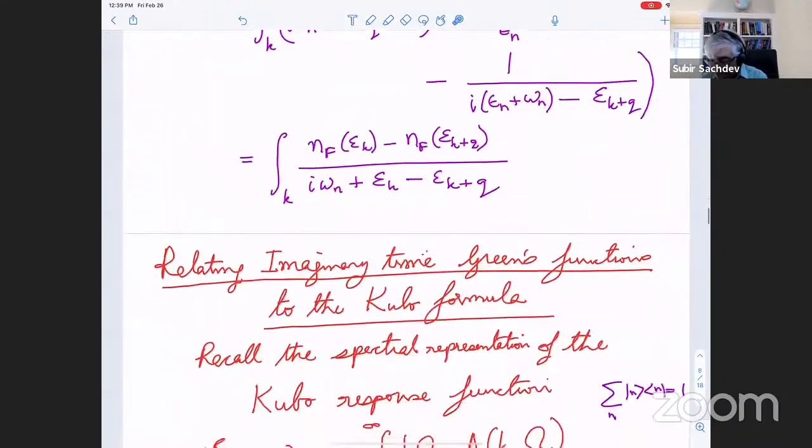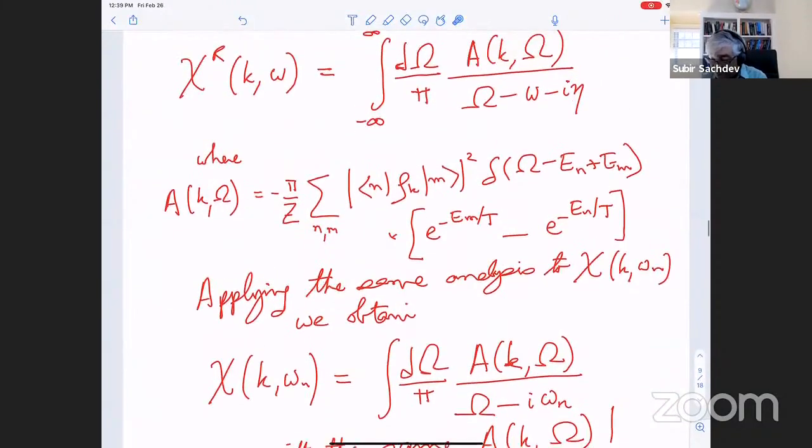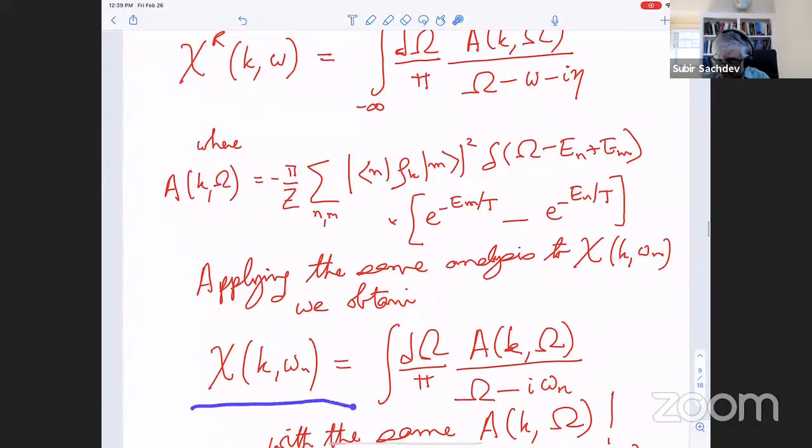And when you do it, lo and behold, you get this expression. So this is the Kubo formula expression for the commutator on the real frequency axis, the retarded commutator, because the integral over time was only for positive times. This is what's equal to, with an i eta convergence factor that we had to put in. And this is the expression for the time-ordered correlation function on the imaginary frequency axis.